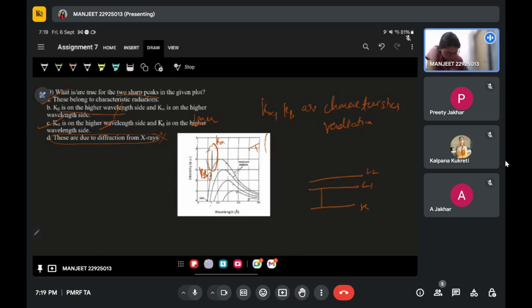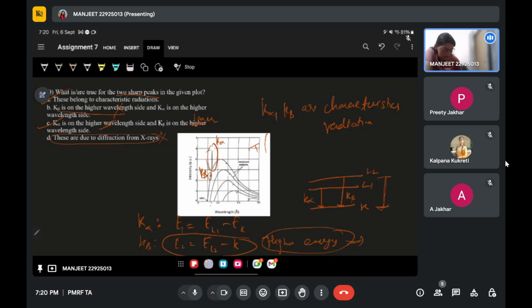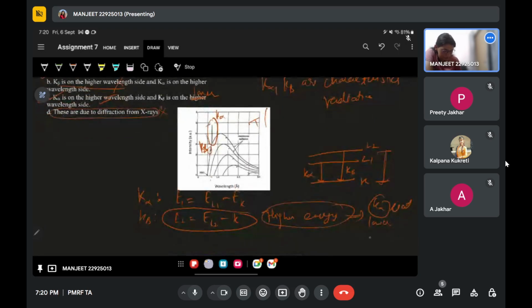K alpha will be the X-ray radiated when your electron moves from L1 to K, and K beta will be from L2 to K. So the energy for K alpha will be E L1 minus E K, and for K beta it will be E L2 minus E K. This energy gap is different, so K beta has the higher energy, and that's why the K beta line is at the lower wavelength.